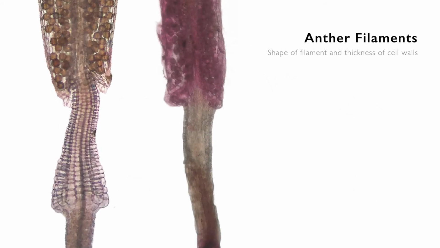Well, then there's what I used in the introduction, the shape of the filaments and the thickness of the walls. You have the baluster shape of the anther collar, typical of some Senecioneae. And then you have what is called the cylindric shape. The filaments in the Compositae are not necessarily cylindric, they are more like a flattened structure.